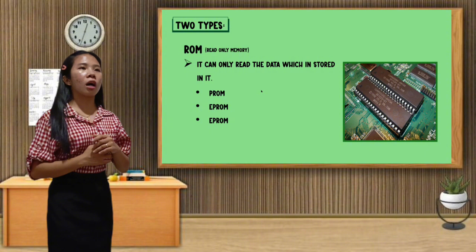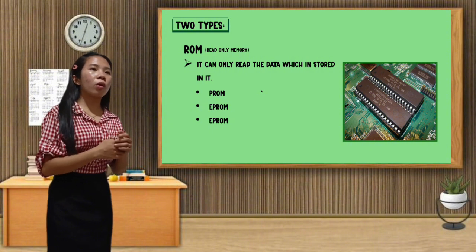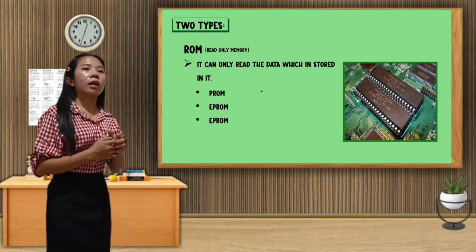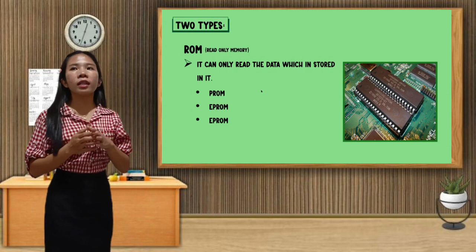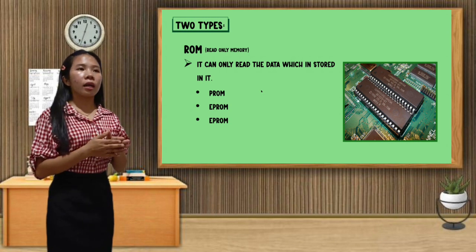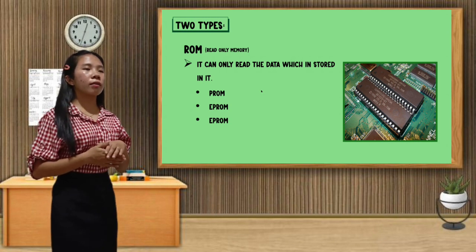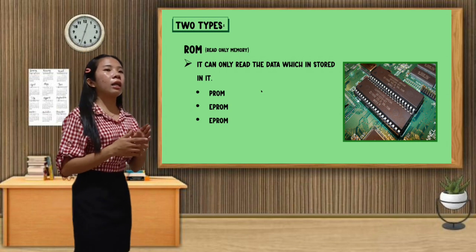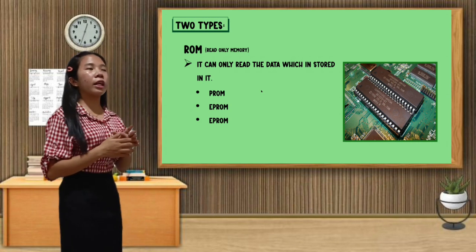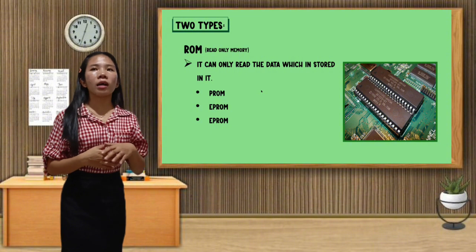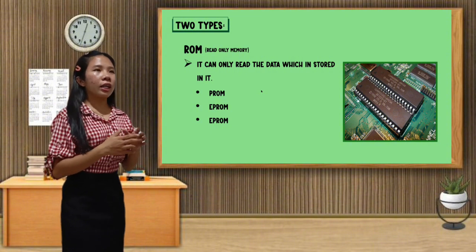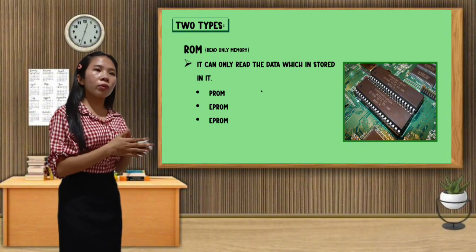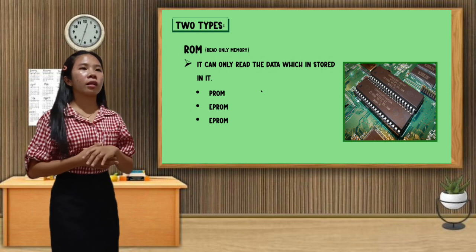Next is the EPROM, also known as erasable programmable read-only memory. And the last is the EEPROM, also known as the electrically erasable programmable read-only memory.